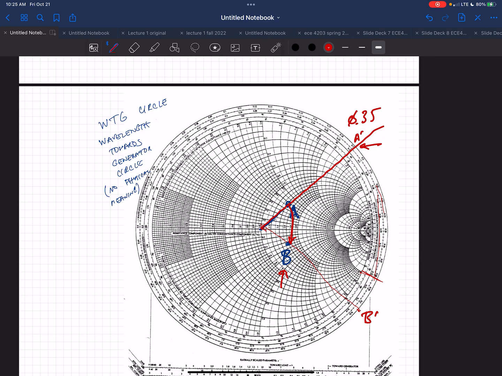This guy give you guys a headache? So what I'm doing is, I'm trying to figure out how long to make this thing. I'm trying to figure out where B is. Draw B in here. This length stays the same because it's just going to rotate around the axis. The reflection coefficient's amplitude stays the same. And it's just going to be going in a circle as I move away from the load.